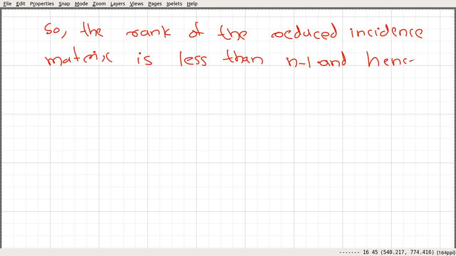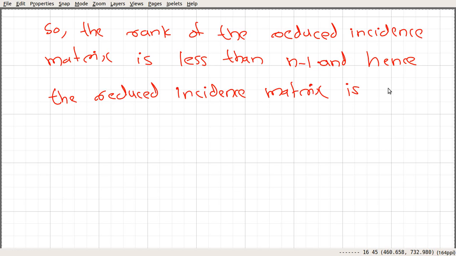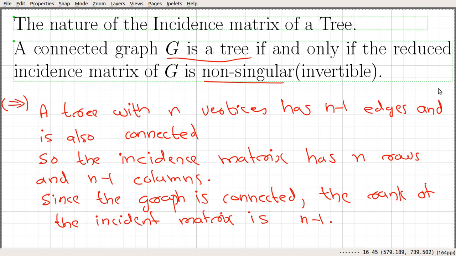Okay, so the rank of the reduced incident matrix is less than n minus 1, and hence the reduced incident matrix is not invertible, or singular. Okay, and that's what we are trying to prove here, right?